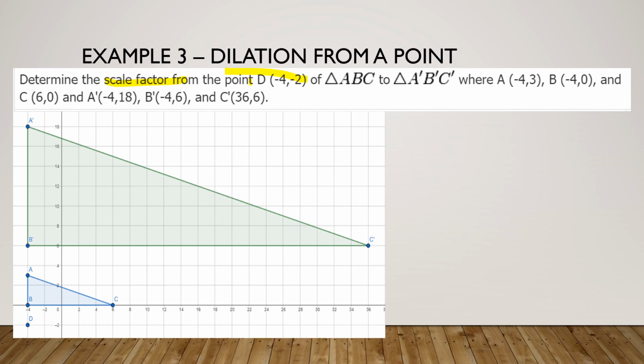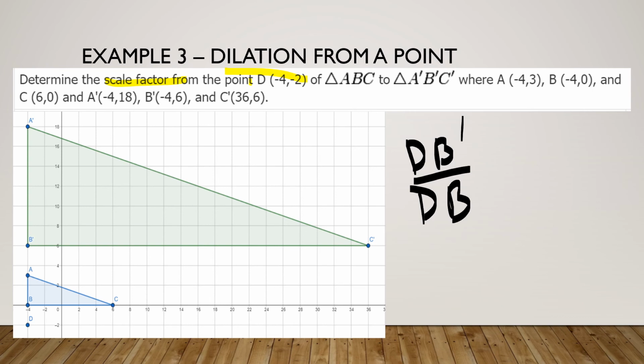We want to know, how do we go from D to B prime compared to how do we go from D to B?